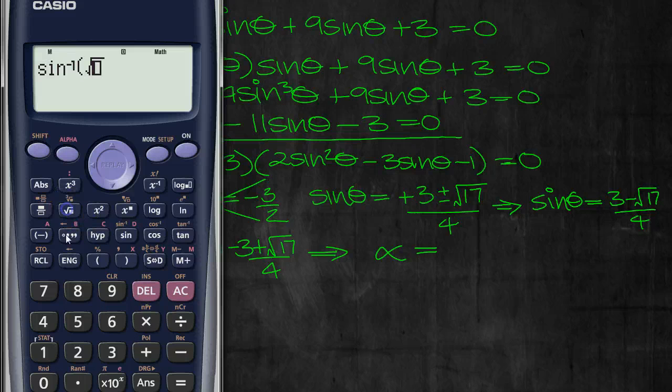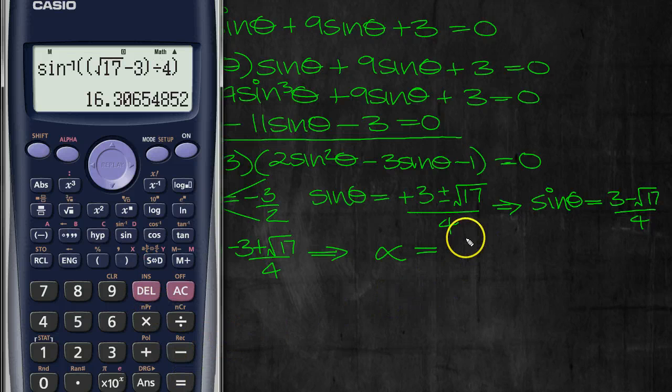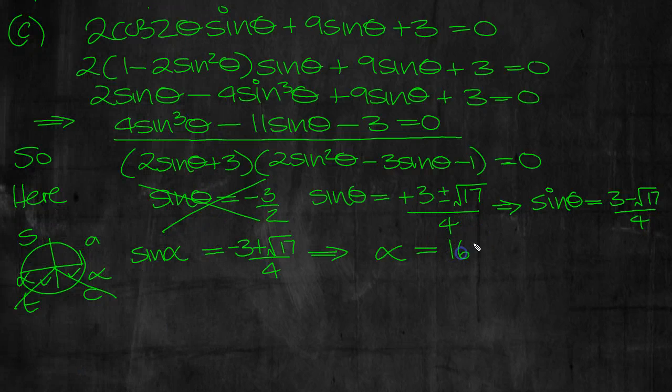So be careful of that. So it's the square root of 17 with a bracket around it on top, minus the 3 value, close that bracket, divided by 4, close the shift sine bracket. 16.3 to the nearest degree it said, didn't it? So we'll just write 16 degrees. Okay, good.